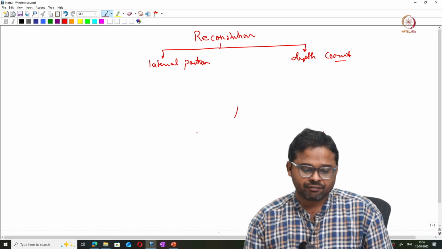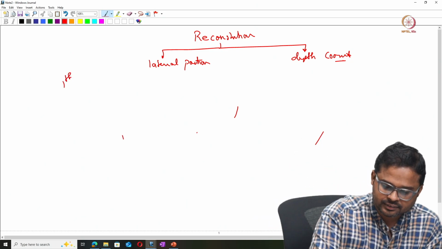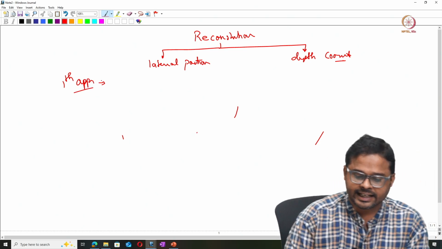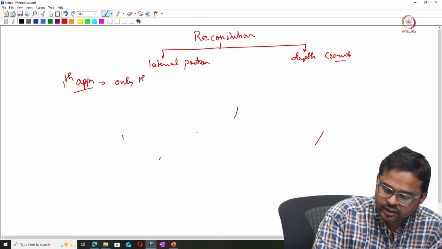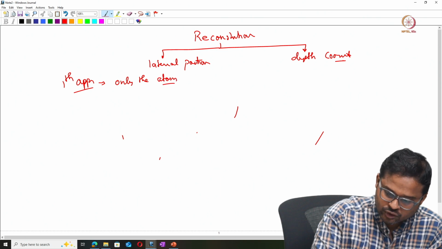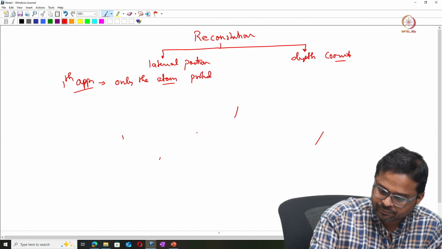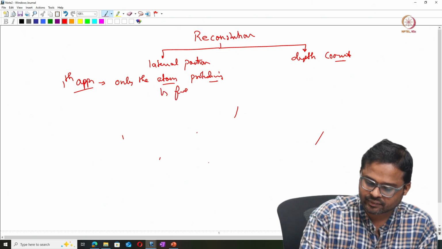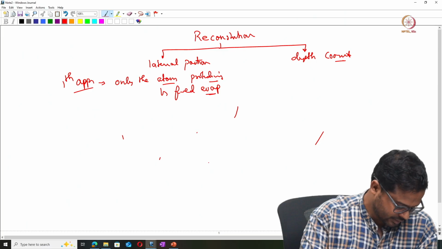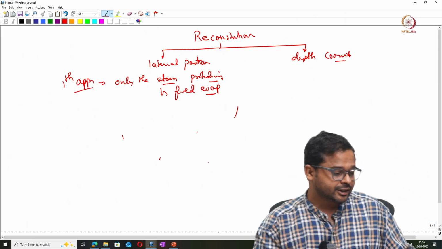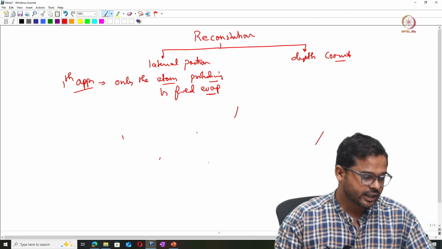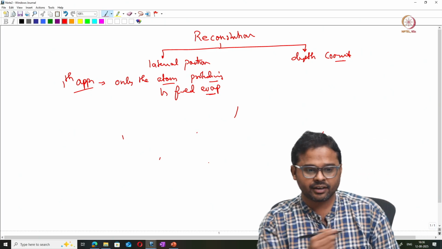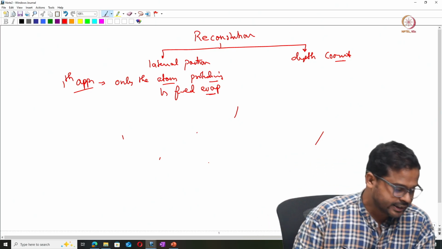Fundamentally, the first approximation is that only the atoms that are protruding most from the surface are field evaporated, which is subjected to a strong electric field locally at the atomic scale. So the atoms which are protruding most as compared to the neighboring atoms get field evaporated.